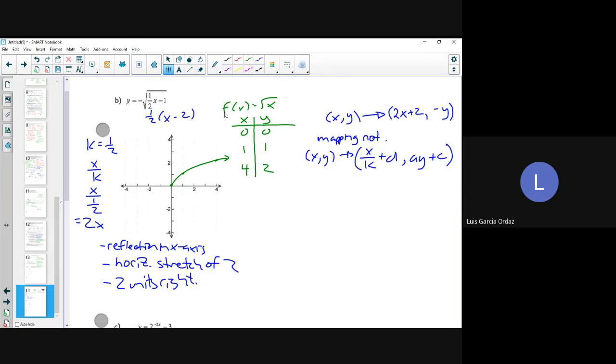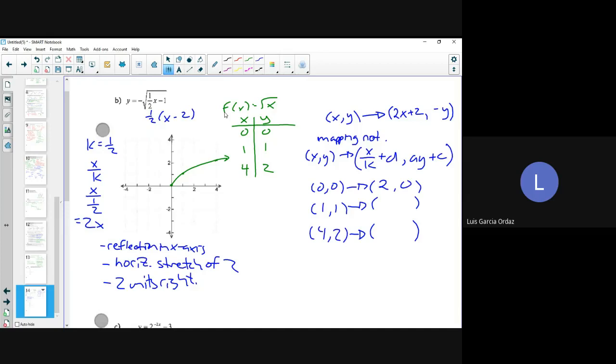So we have our points 0, 0, 1, 1, and 4, 2. Using our mapping notation, what do these transformed coordinates turn into? If we sub in 0 for x, we get 2 times 0 plus 2, which gives us 2, and then 0.